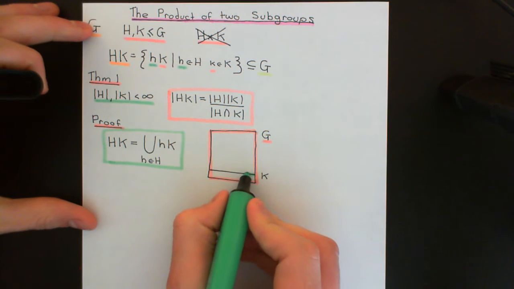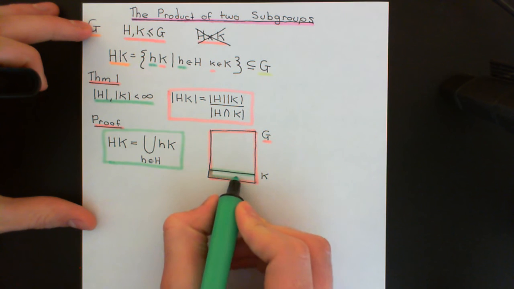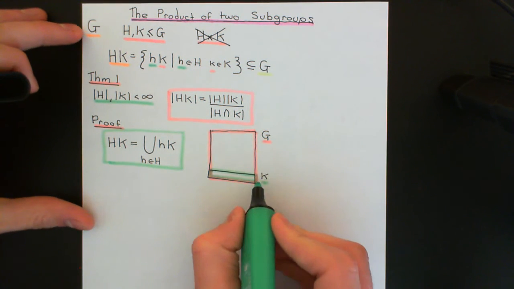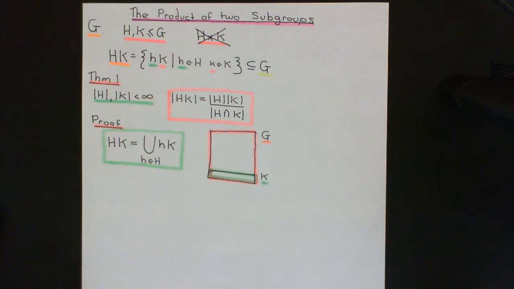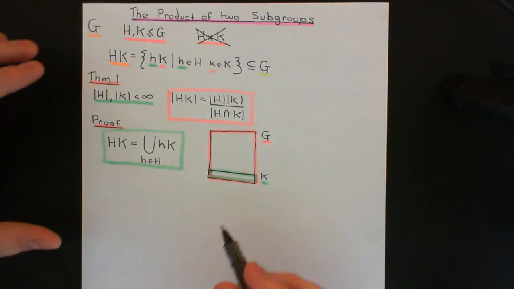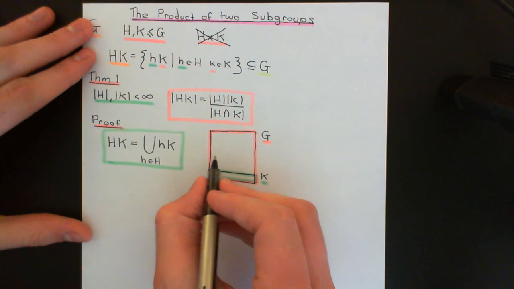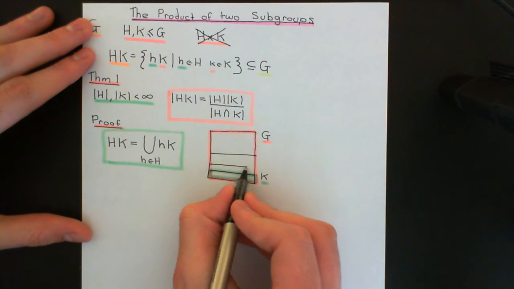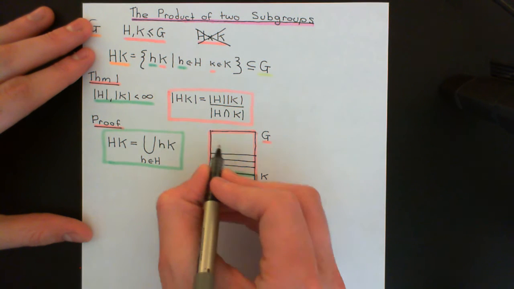For the purpose of the picture, obviously I will draw it as though the index of K in G is finite, although we haven't made that as an assumption for Theorem 1 to be true. Clearly I can't draw an infinite number of cosets for K in G, so I'll just draw a finite number. We'll chop it in half firstly, and I'll try and partition it up into 8 cosets here.